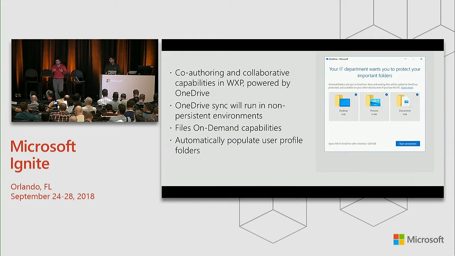We talk to a lot of customers that have frontline workers who aren't really used to using OneDrive or cloud syncing services. They basically save all their documents on the desktop or in My Documents. A new capability you have now with OneDrive is that you're able to redirect all those folders into OneDrive. So you can tell those employees, hey, keep doing that, but all that stuff will be saved into OneDrive.